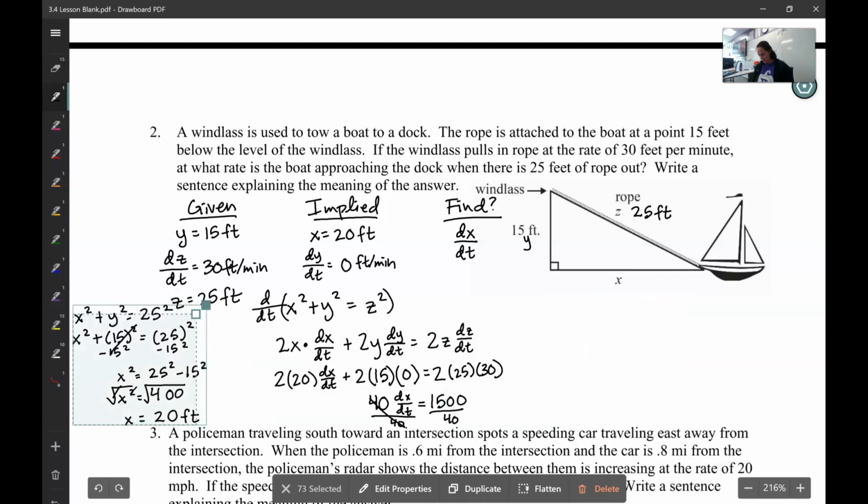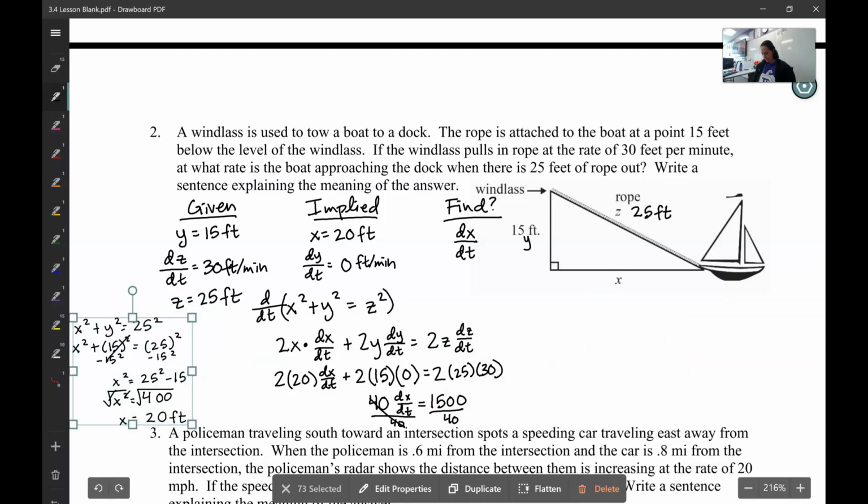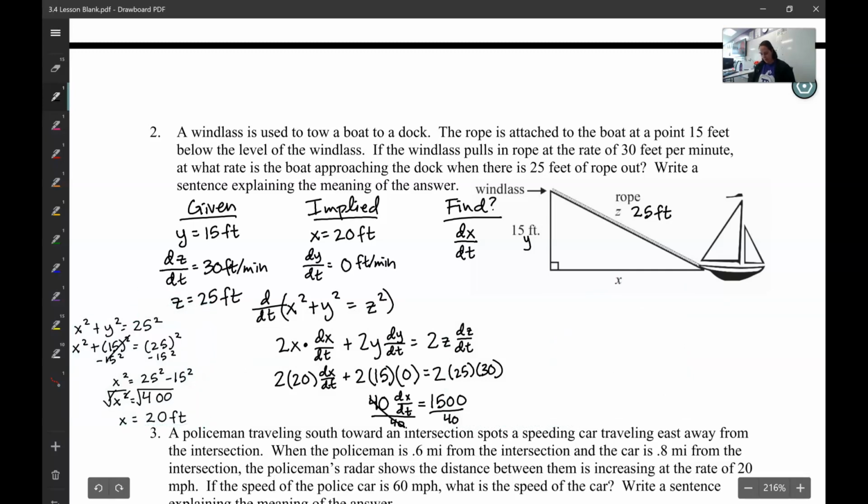This is one of the best parts of using technology. There we go. So then I can come up here. dx/dt equals 37.5. Make sure you include your units, feet per minute, because this is a derivative, so it's going to be velocity or rate. So I have found dx/dt.